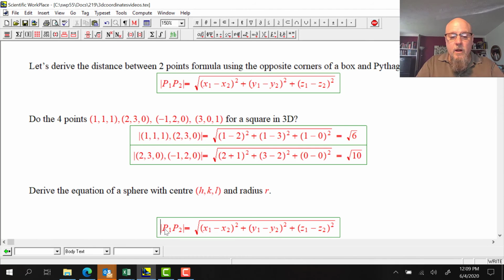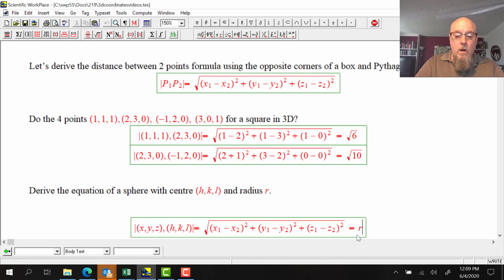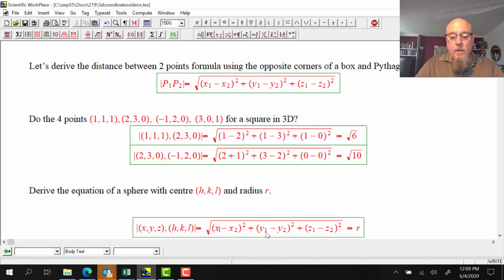So all the points x, y, z, with the center being h, k, l, are r away. So this distance has to equal r. The x1 is just x, the y1 is just y, the z1 is just z, and this is going to be the h and the k and the l.